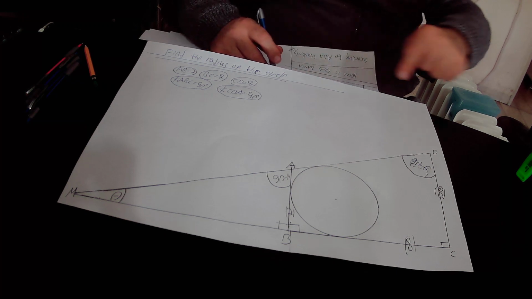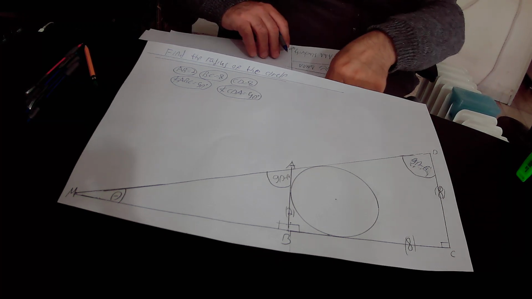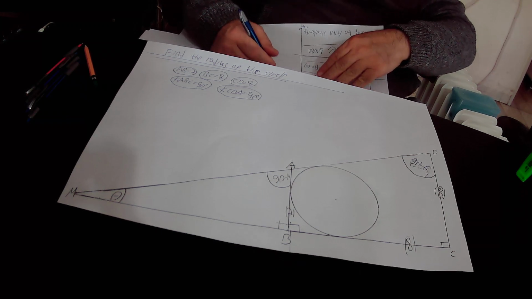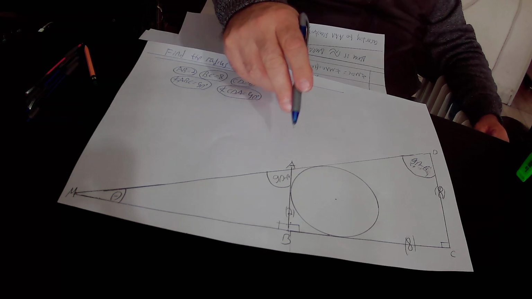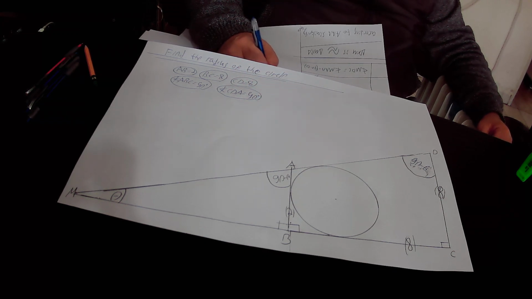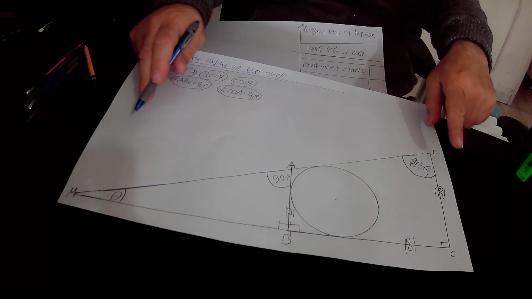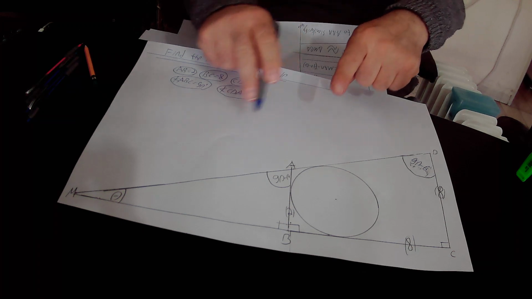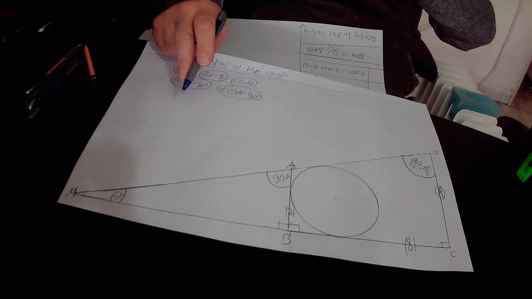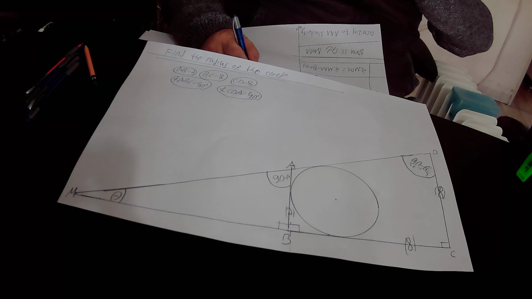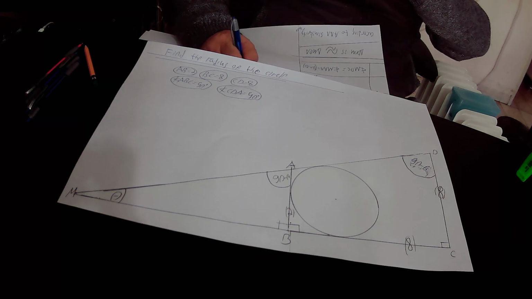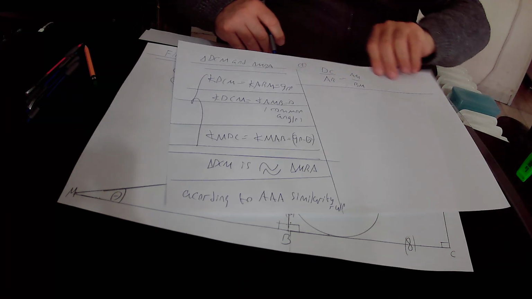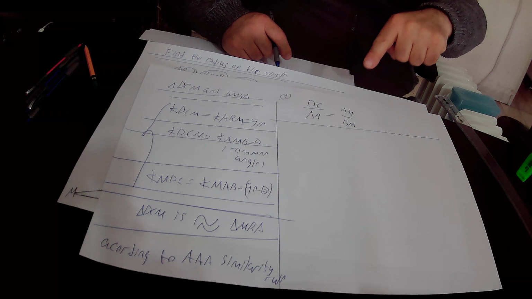We derive that side DC in the big right triangle DCM over side AB in the small right triangle MBA equals side CM in the big right triangle DCM over side BM in the small right triangle MBA. Repeat again: DC over AB equals CM over BM.